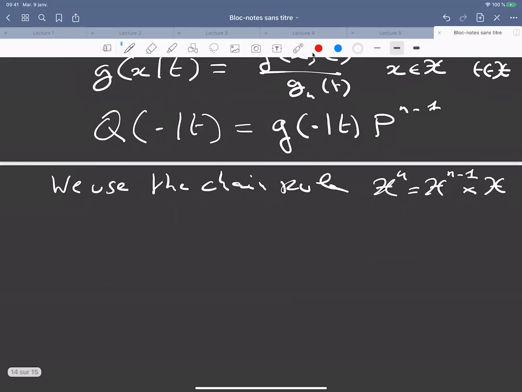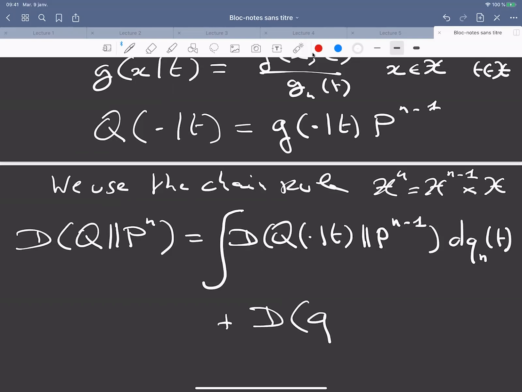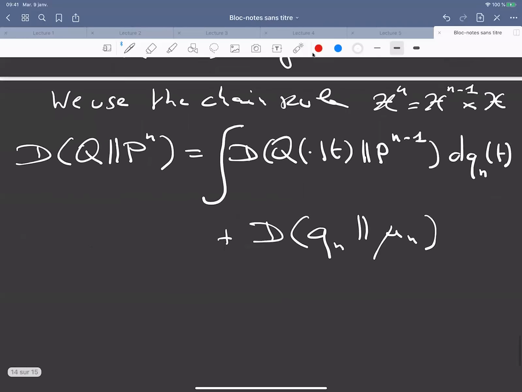And we use the chain rule in this two-dimensional situation and rewrite the relative entropy of Q with respect to Pn as the integral of the relative entropy between the conditional distribution and Pn minus 1, and it's a mixture under the marginal number n of Q, plus the relative entropy between the marginals number n of Q and Pn. So this is the chain rule that we use here.